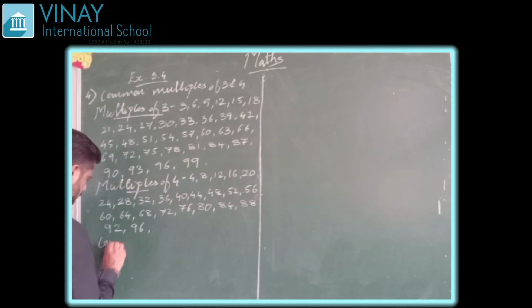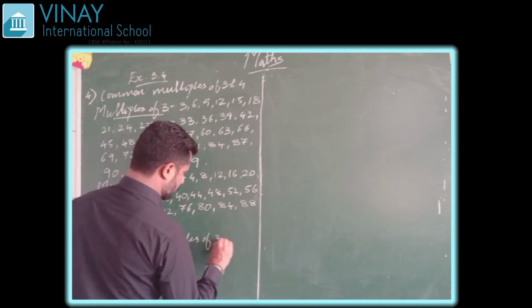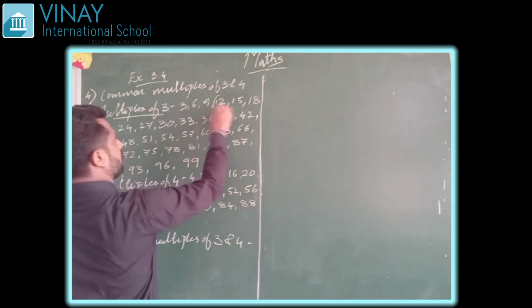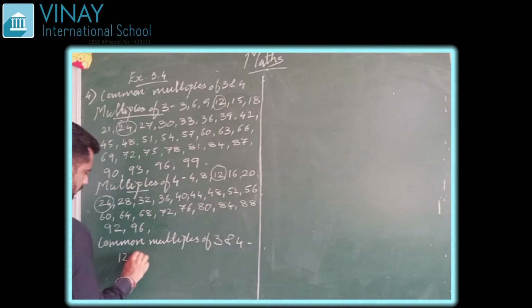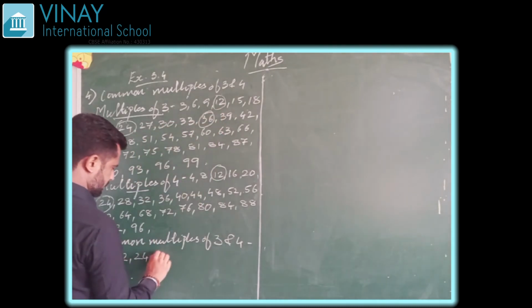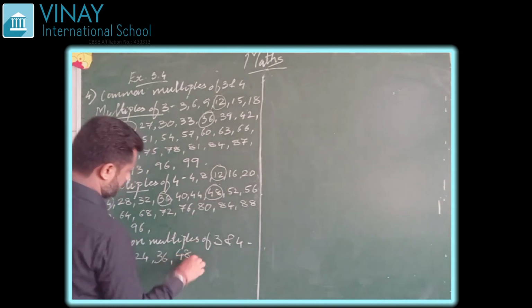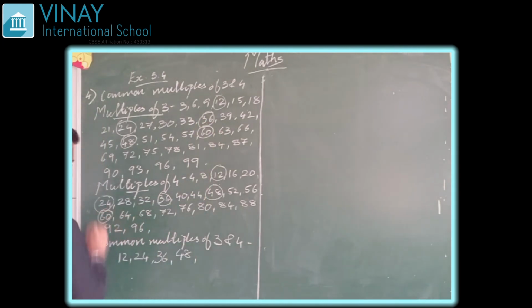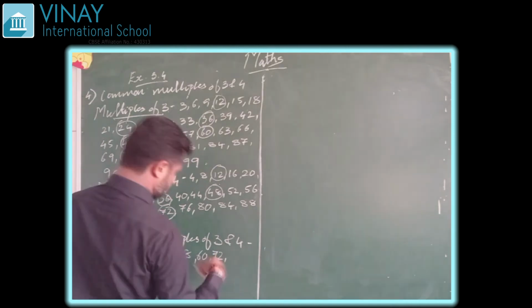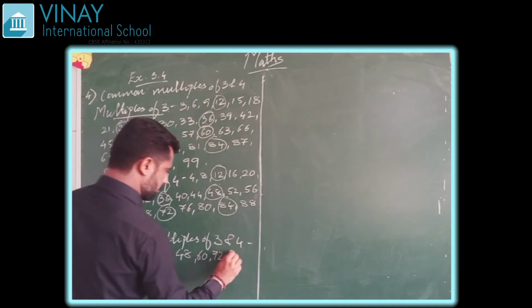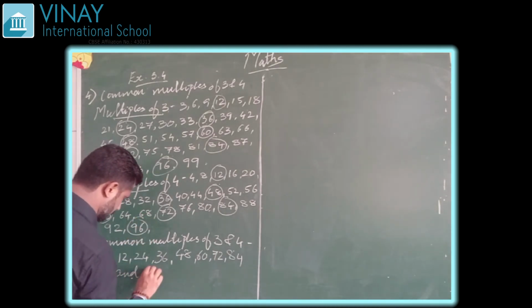So the common multiples of 3 and 4 are 12, then 24, then 36, then 48, then 60, 72, 84 and 96.